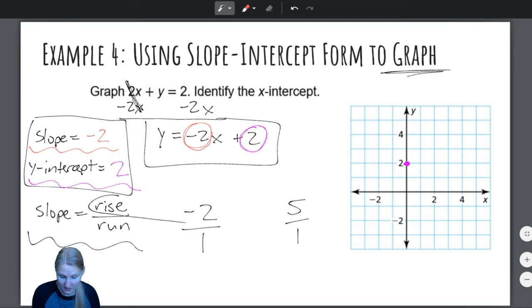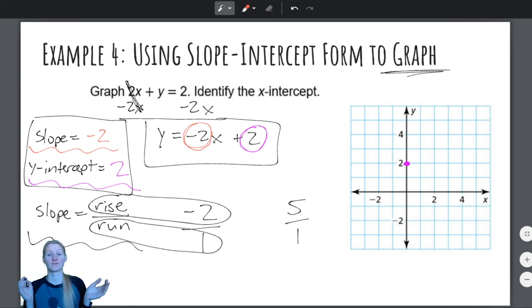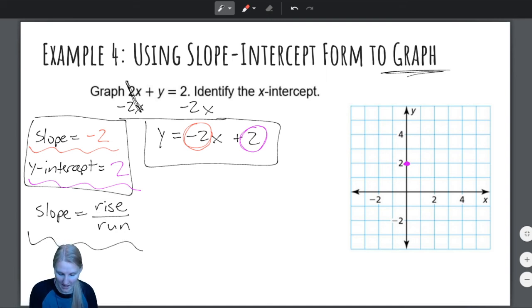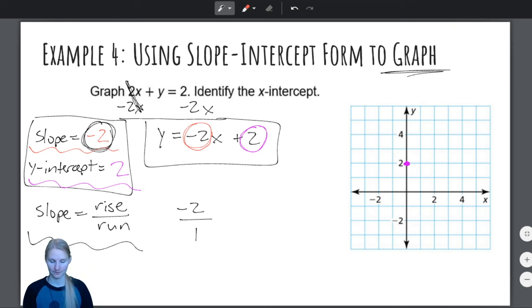My rise is -2, my run is 1. And remember, if this is a fraction, like 4/7 or something, we already know my rise is 4, my run is 7. So putting a 1 underneath it is only if you have a whole number as your slope. Okay, so now my rise is -2 and my run is 1.